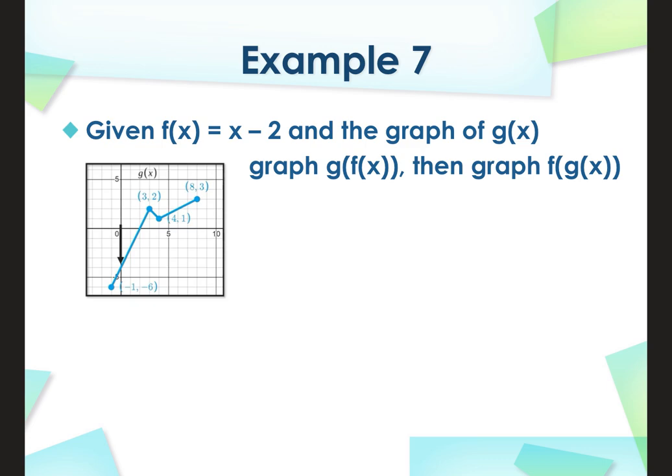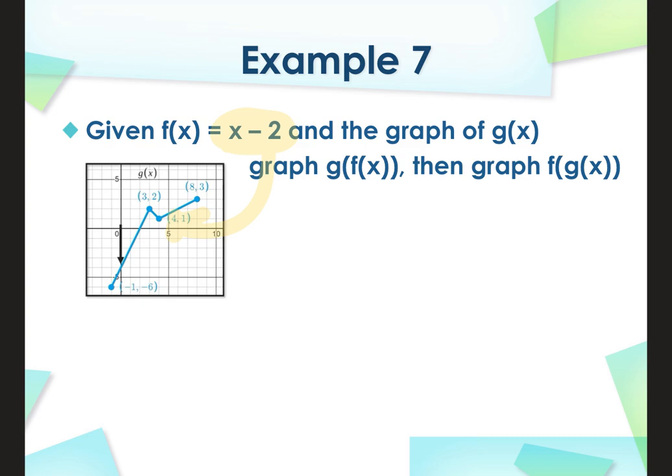All right, last slide. Example 7 says, given f of x equals x minus 2 and the graph of g of x, graph g of f of x, and then graph f of g of x. So g of f of x means I'm going to take this and plug it into this, whatever that function is.